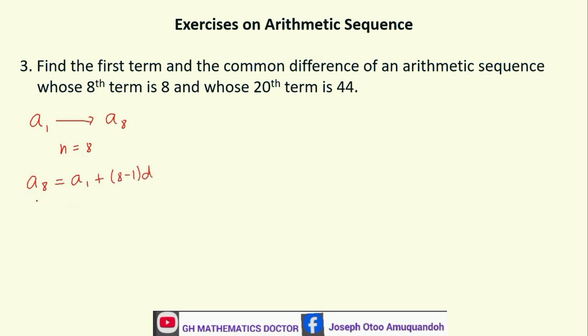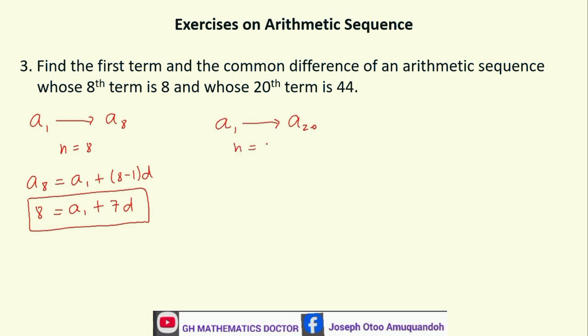to find the number of terms, just do the substitution, whereby it will give us our first equation. Then we also use the second information, that is the 20th term, which gives you 44, to also get our second equation.